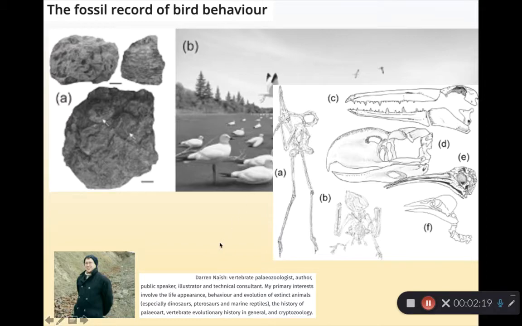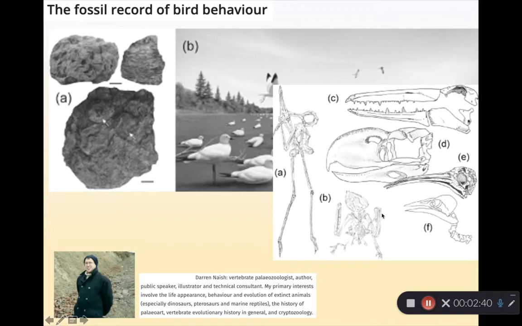Another way that biologists can start to think about behavior in the fossil record, again, is looking at just the physiology of the animals. So here we have several different skeletons of extinct bird species. And from these, we can see that the beaks are very different.